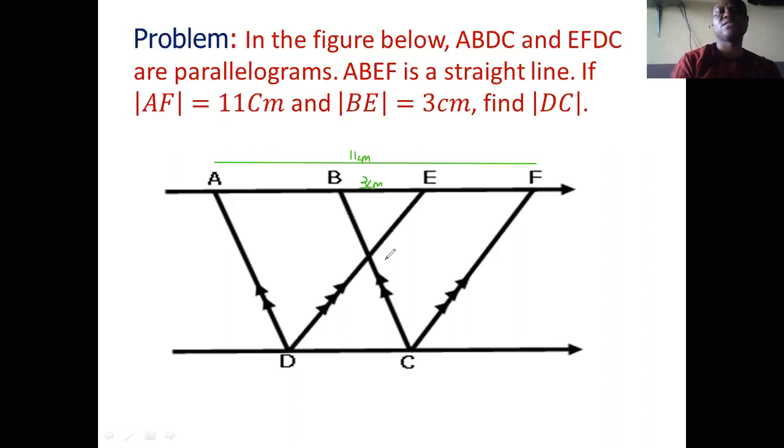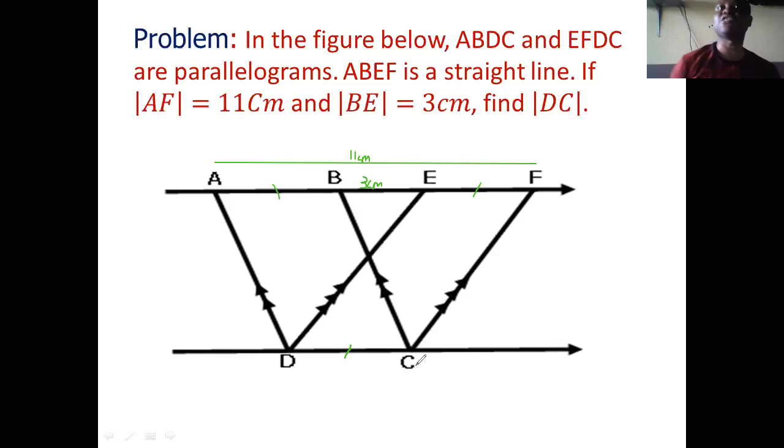Now, I'm just giving you the hint because I'm going to leave you to do it yourself. From our proof, we will see that EF is equal to DC. And DC is equal to AB, because parallelogram ABCD is on the same base DC with parallelogram EFDC.